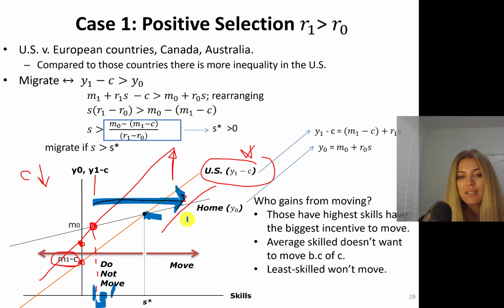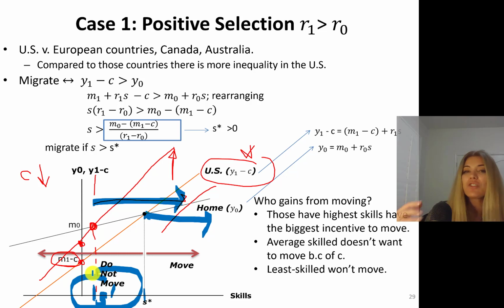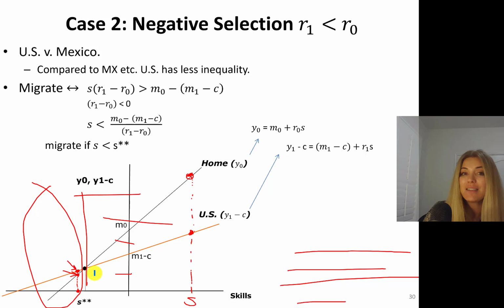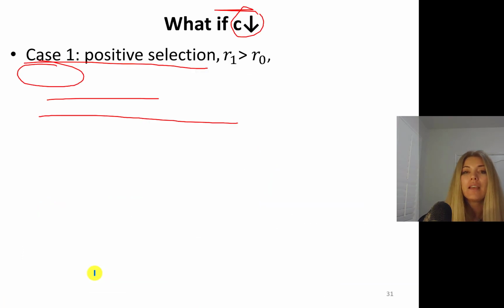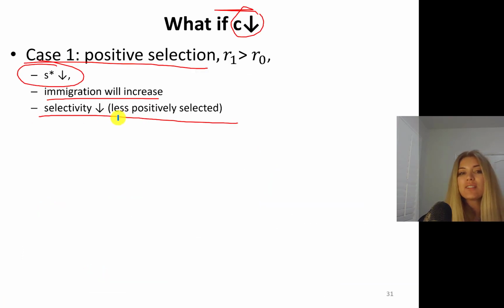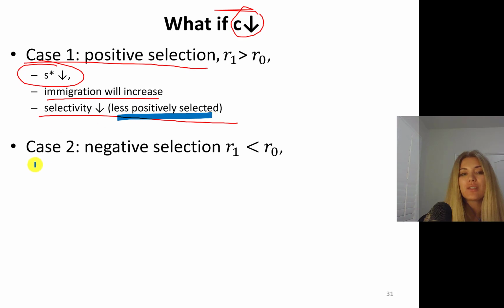So you're going to get many more migrants. Skill level is still going to be positively selected, but on average their skill level will be lower. Less selection, but it's still positive selection. So with positive selection, selectivity goes down and immigration increases.